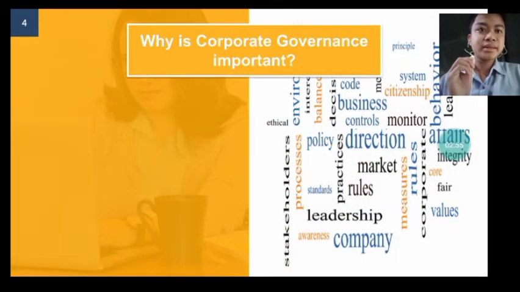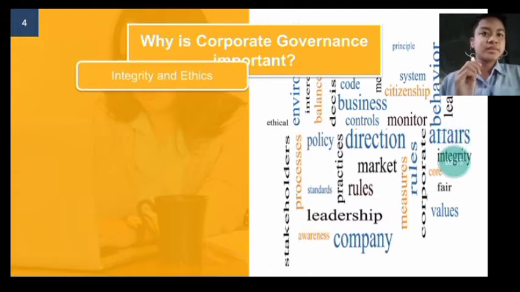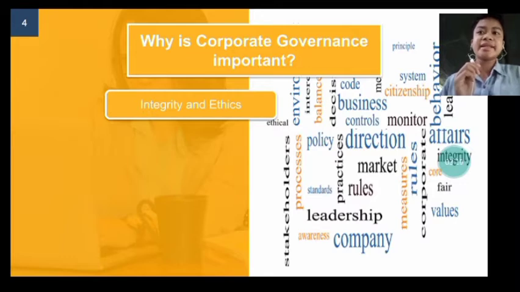Next one, aside from the fact that corporate governance helps an organization in having better communication and creating appropriate strategic decisions, here are some other reasons why it is important and needed by an organization. Integrity and ethics, which means moral obligation that guides corporate behavior.